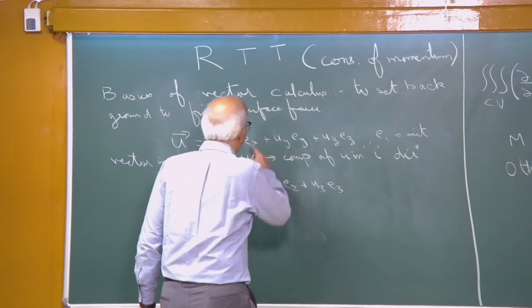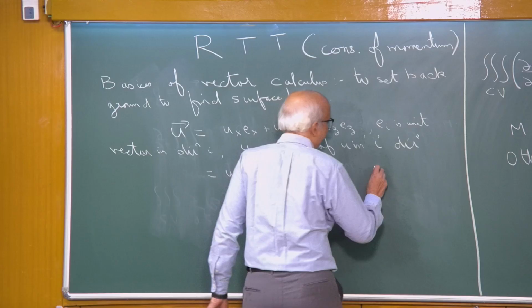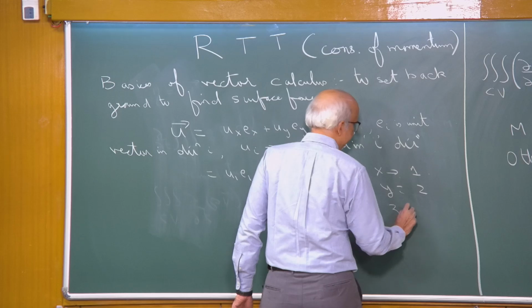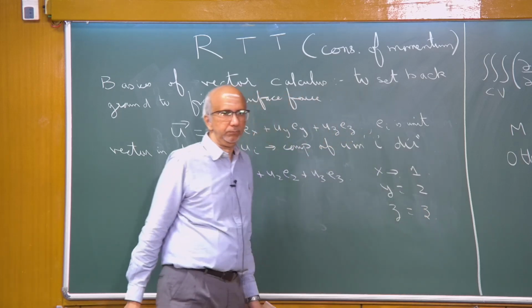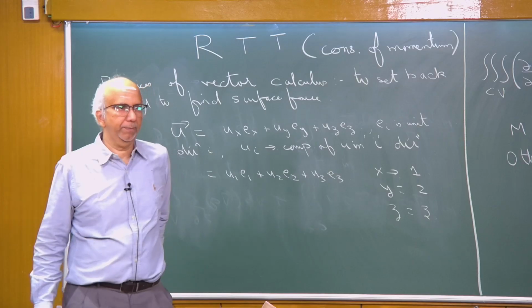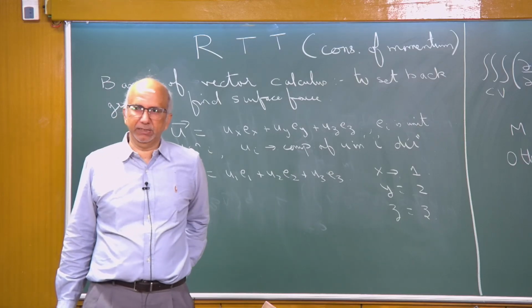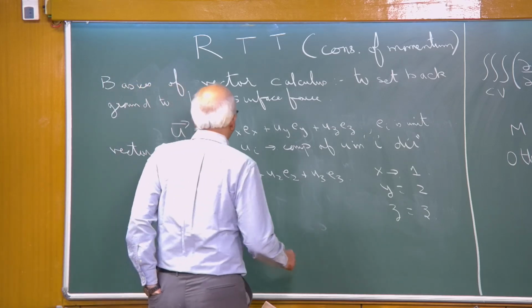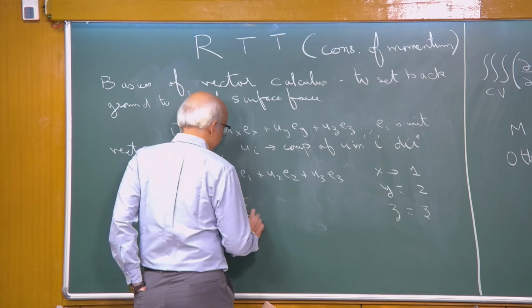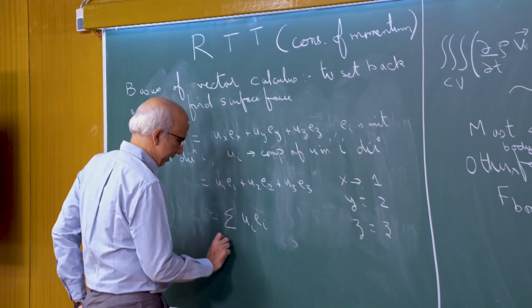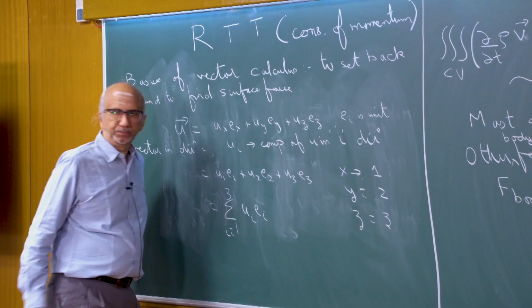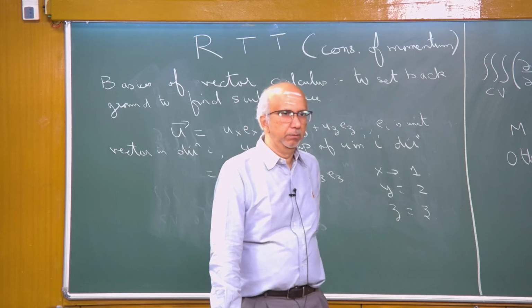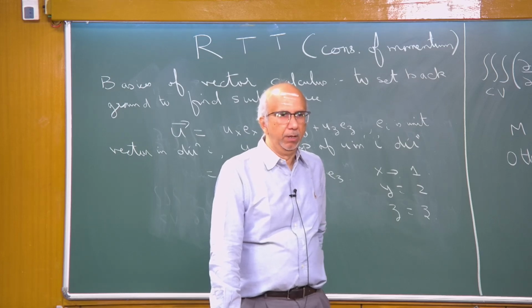So, same thing I have written, I have just replaced x with 1, y with 2 and z with 3. Now, the advantage of this is I can write this as sigma ui ei, i going from 1 to 3, correct, okay. I am summing over i.